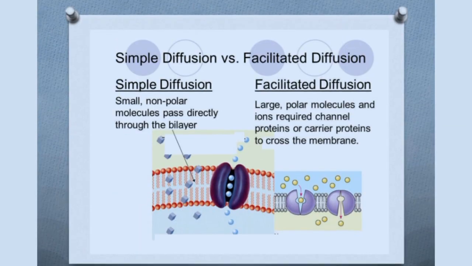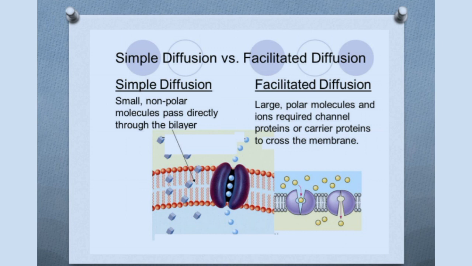Here we can compare simple diffusion and facilitated diffusion. Simple diffusion takes place in smaller non-polar molecules. These molecules pass directly through the bilayer or the double layer of lipids. See, here is a brown colored component. These are the protein gates.